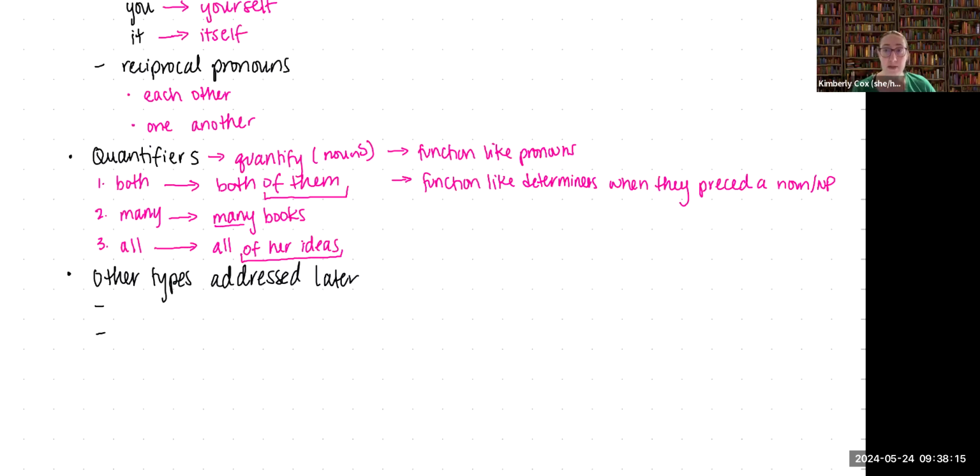The other types of pronouns that we're not going to talk about right now, we will talk about later on this semester, but I'll mention them now. The two other main types of pronouns are relative pronouns. So these would be pronouns like who, or which, right? There are more, but that's just a basic example. And the other type are interrogative pronouns.